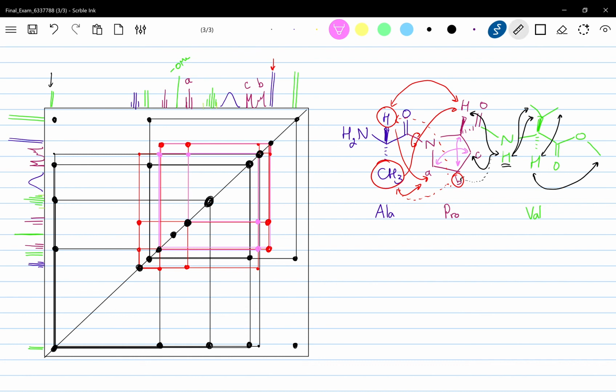And the last interaction possible here is the alpha proton and A.